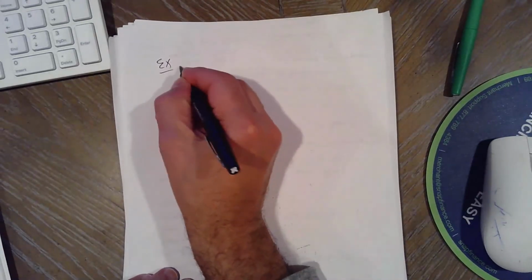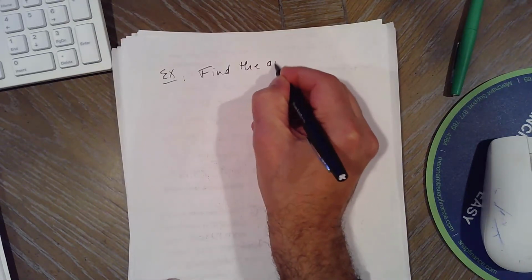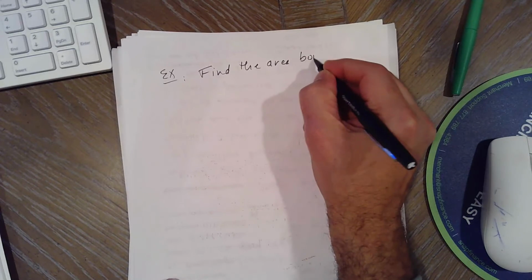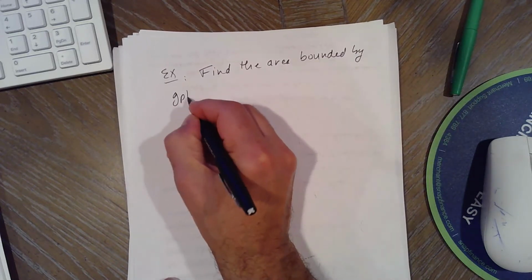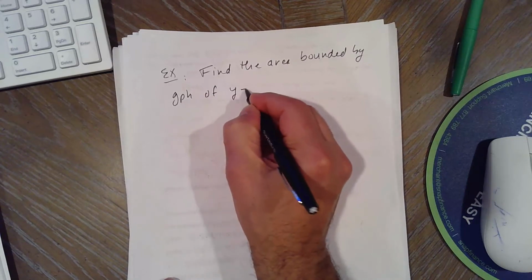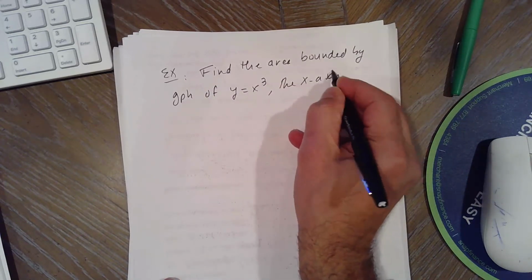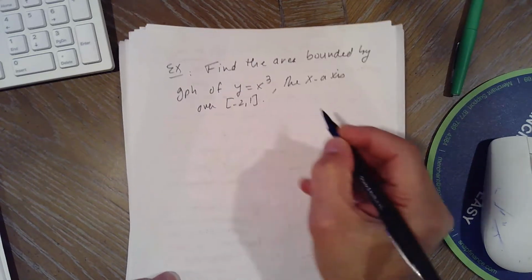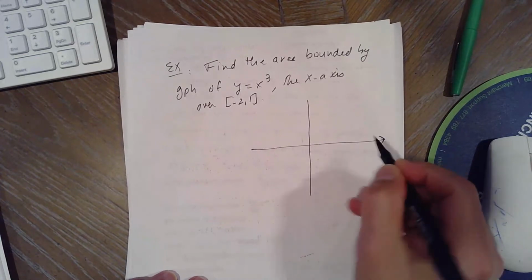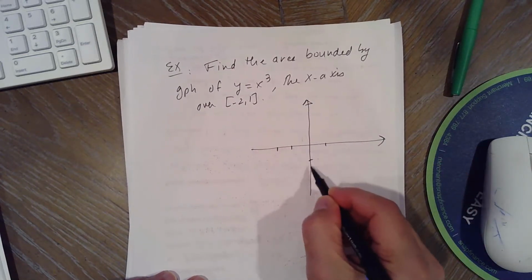How do we find the area bounded by the graph of y equals x cubed, the x-axis, over the interval between -2 and 1? So we've got to graph it to see what we're looking for between -2 and 1.